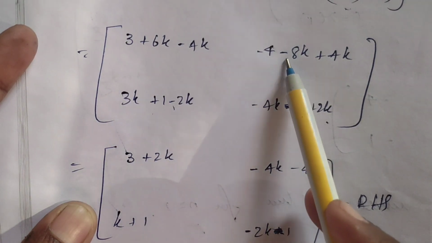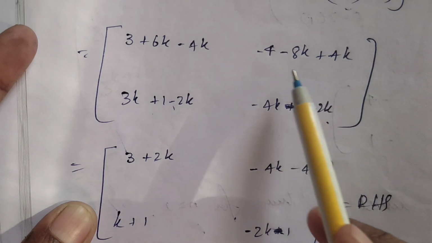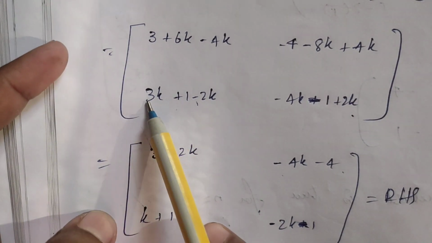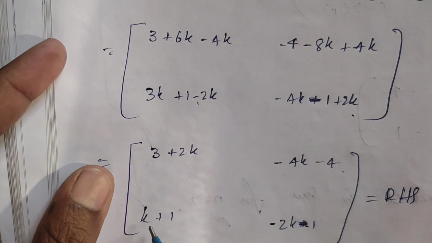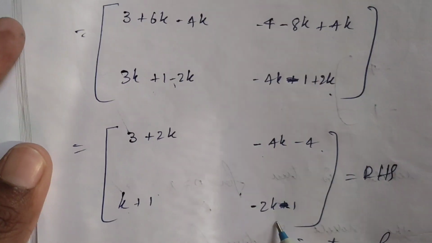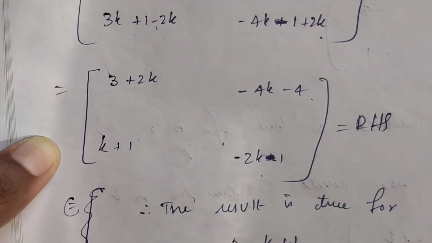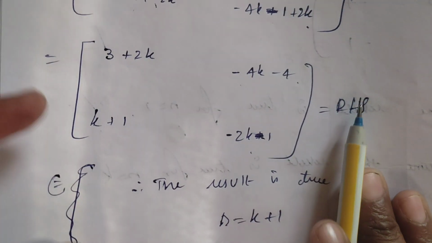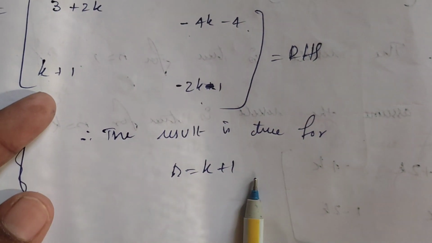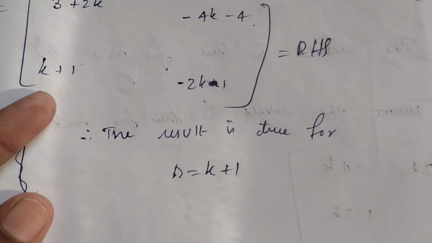Minus 4, minus 8k plus 4k, so minus 4k minus 4. 3k minus 2k, k plus 1. Minus 4k plus 2k minus 2k minus 1. Therefore, we have proved it equals RHS. Hence, the result is true for n is equal to k plus 1. Therefore, the result is true for all the values of n.